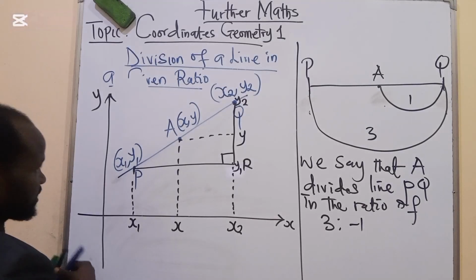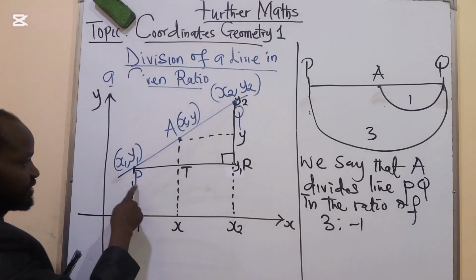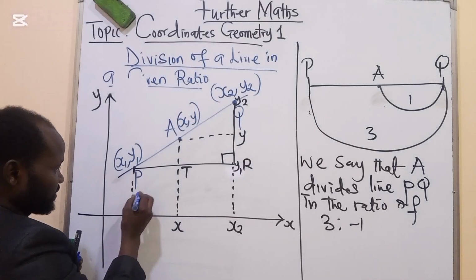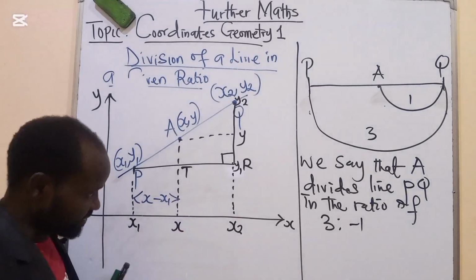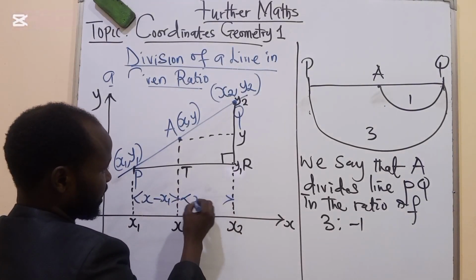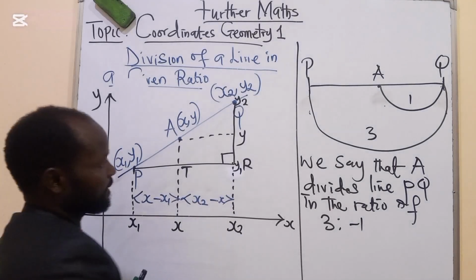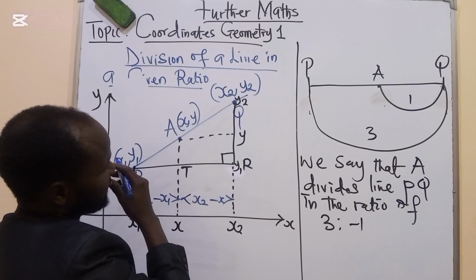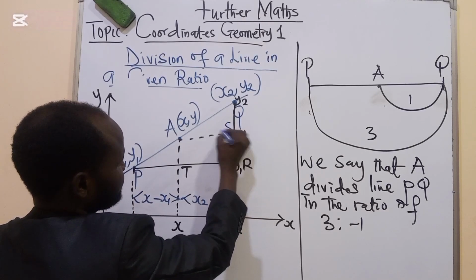Very important. So the distance, let's say we have T here, length P to T, that is here, will be x minus x1. Very important. Then T to R will be x2 minus x. Here too, let's say we have S here.